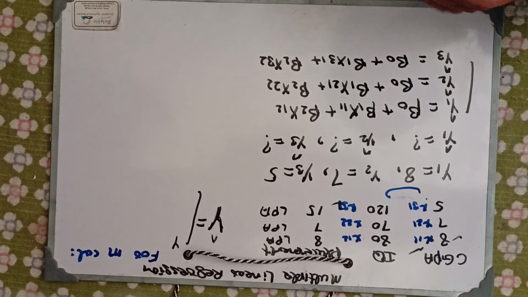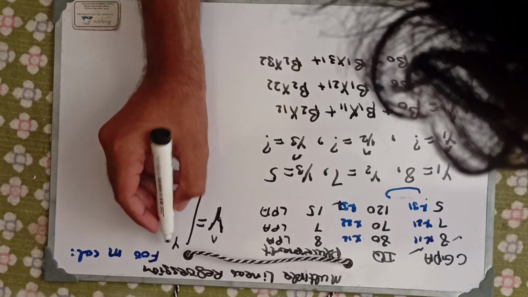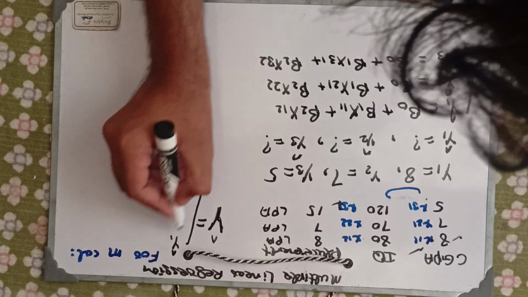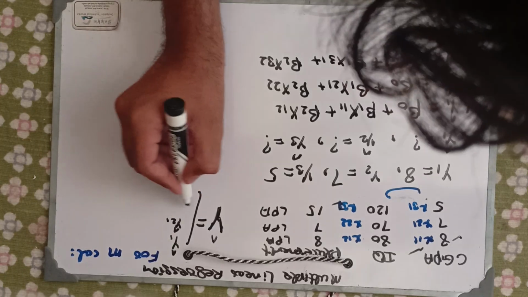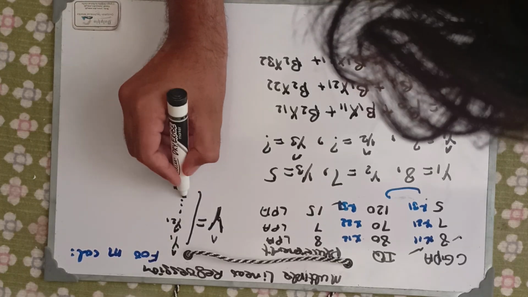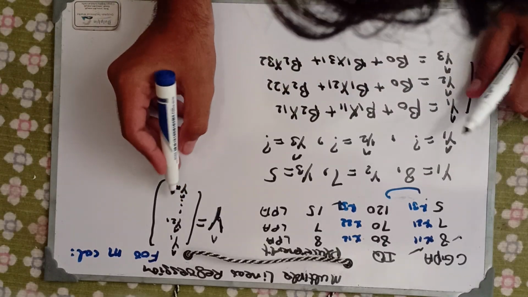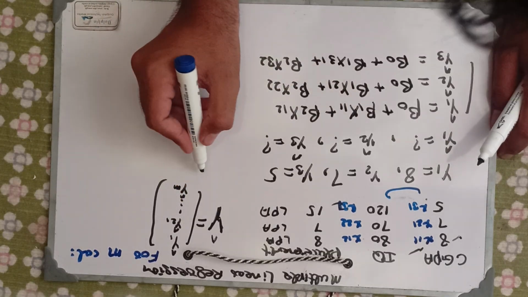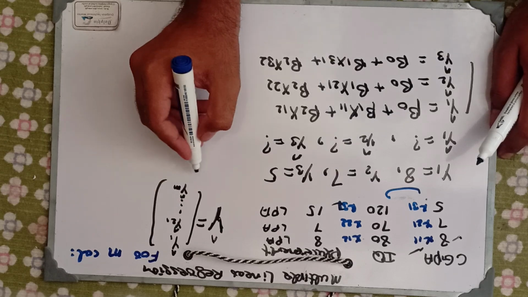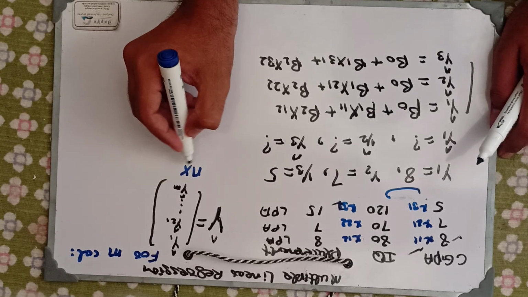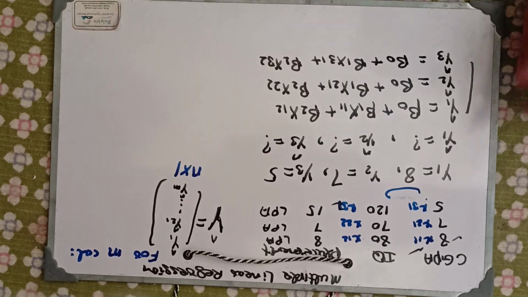So y1 hat, y2 hat and so on up to y n hat. If you consider it, what is its order? It has n number of rows multiplied by one column, right?